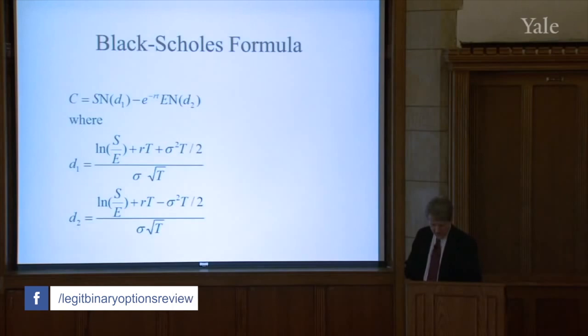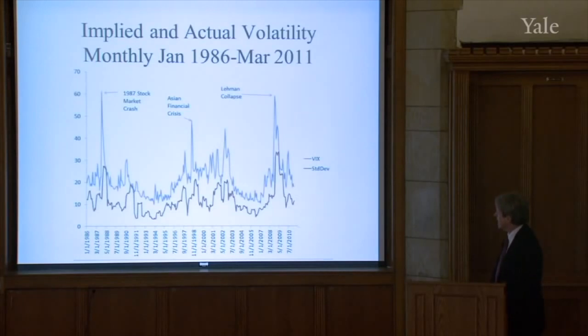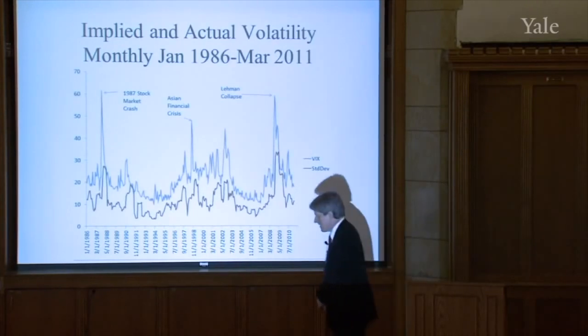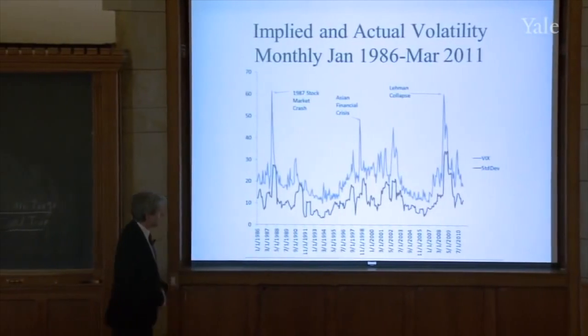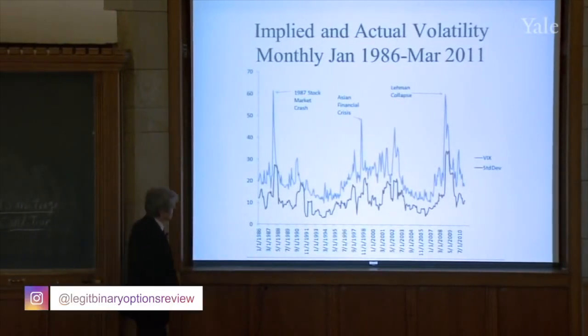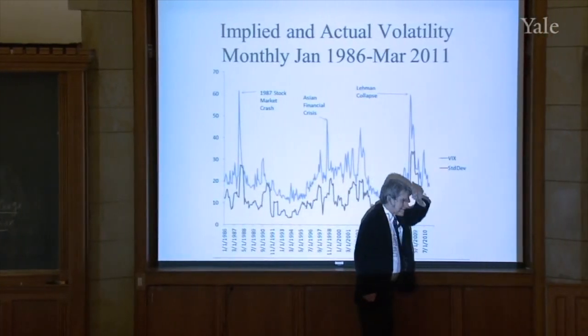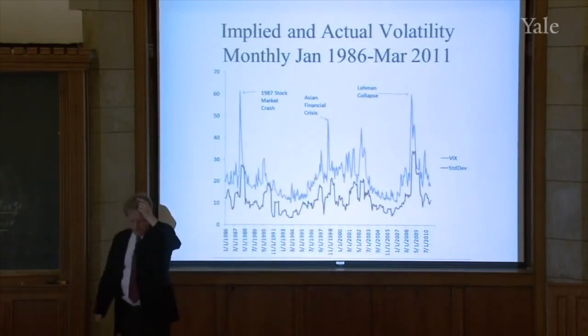So one thing we can do is compute implied volatility. And I have that here on this chart. What I have here from 1986 to the present with the blue line is the VIX, which is computed now by the Chicago Board Options Exchange.